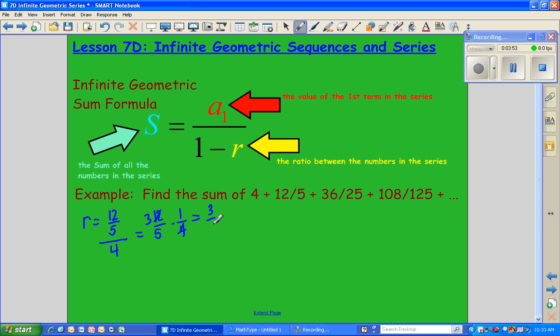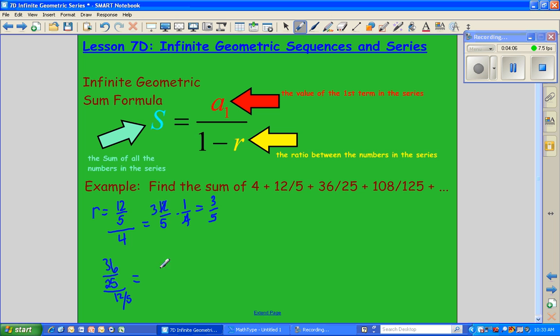So we got 3/5. If you want to check it with the next one, you got 36 over 25 over 12 over 5. So that's 36 over 25, because you still want to make sure you have a common R.